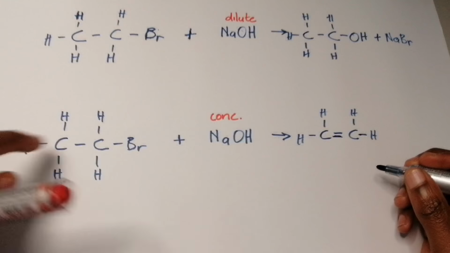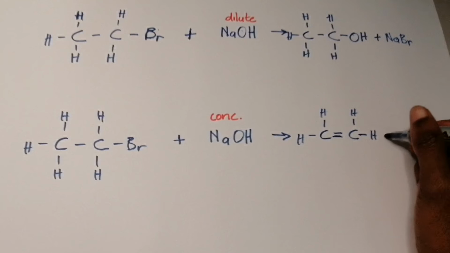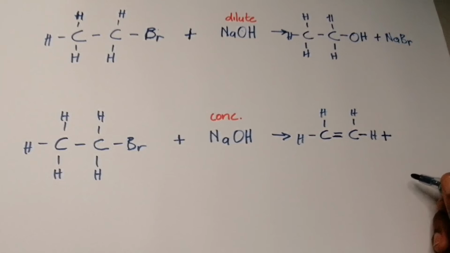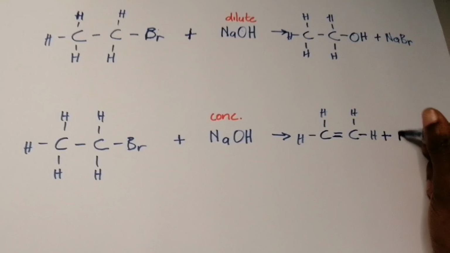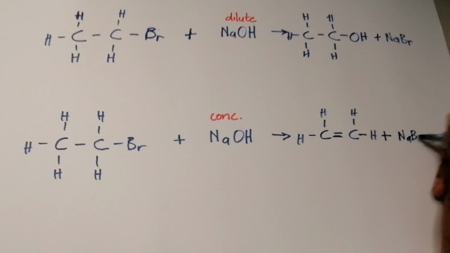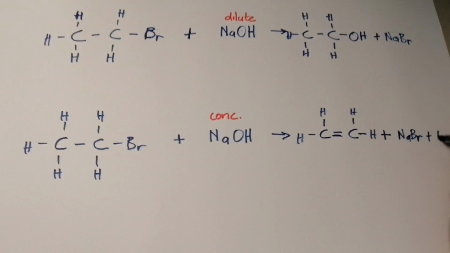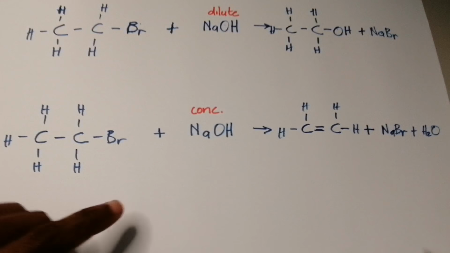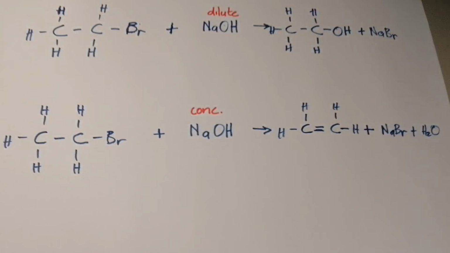And by the way, that hydrogen bromide there would tend to undergo an acid-base reaction with sodium hydroxide. So then you get sodium bromide plus H2O, salt and water, right? So just note those two reaction conditions there, okay? So definitely this is an elimination reaction.